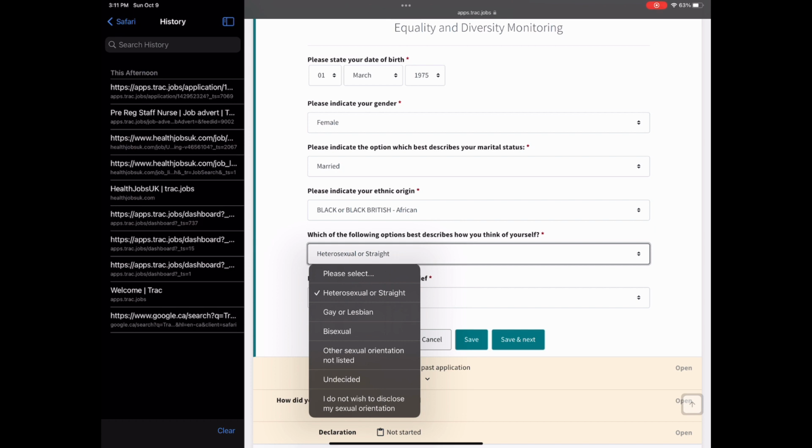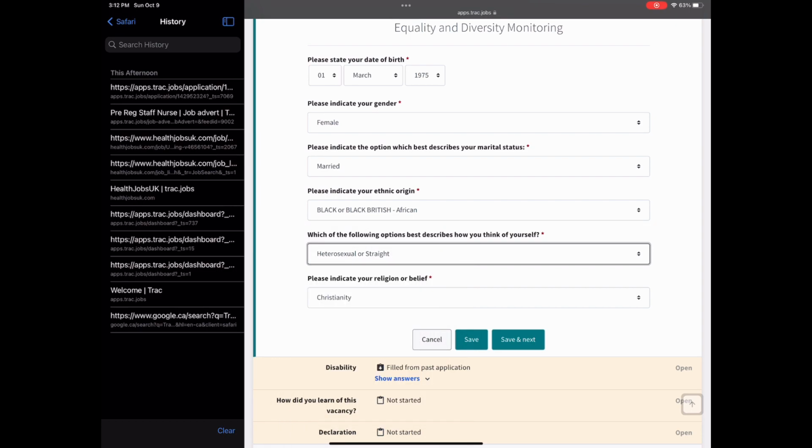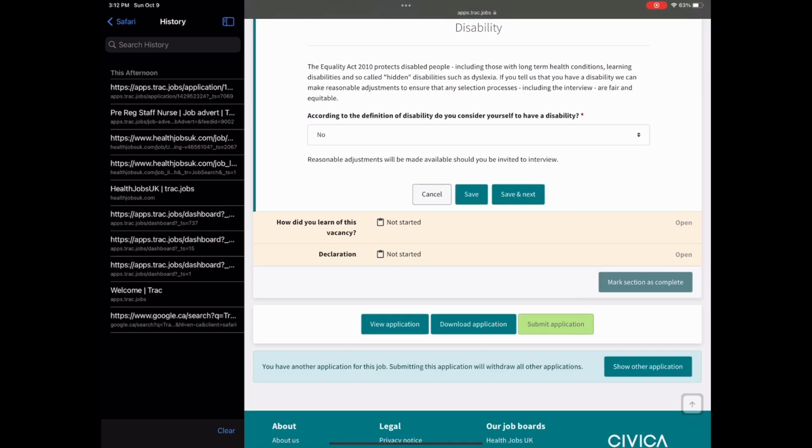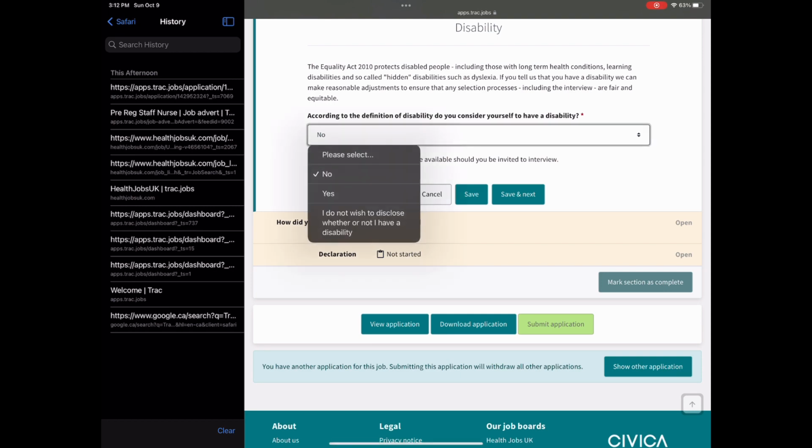So it's almost always heterosexual or straight, well, unless you're not. And then some people feel that if they don't disclose their sexuality, that it's a problem. No. The last part, of course, you put your religion, Christian, Islam, or anything.